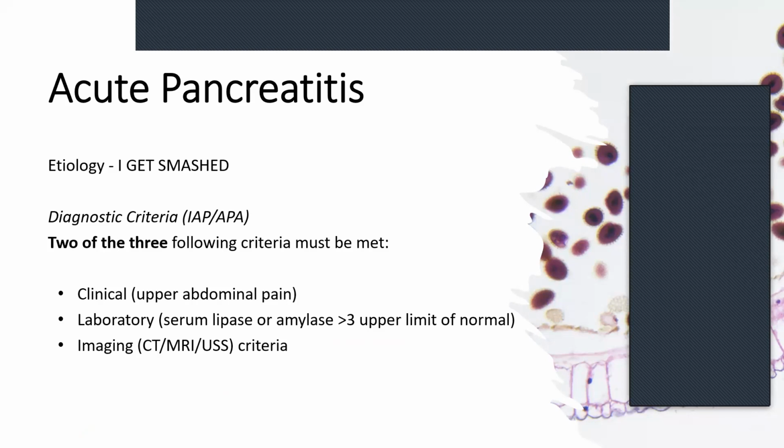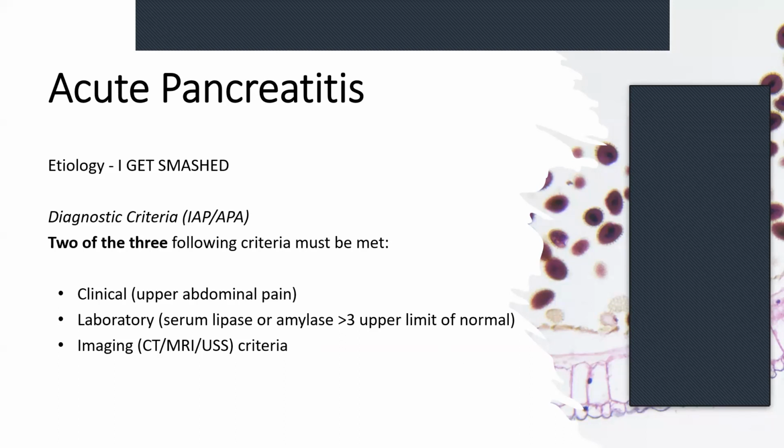The patient must have upper abdominal pain, and for laboratory, either serum lipase or amylase is 3 times the upper limit of normal. Most places will still use amylase because serum lipase, although much more specific for pancreatitis, is quite an expensive test.